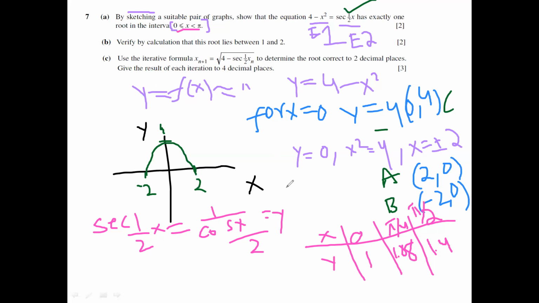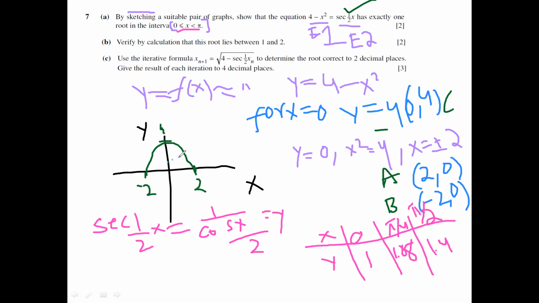So in order to plot this, we know that at x equal to 0, y equals 1, so y should be somewhere here. At pi by 4, y would be somewhere here.